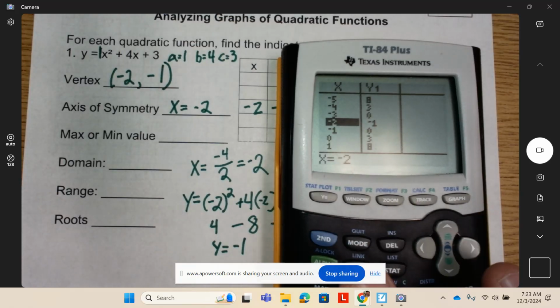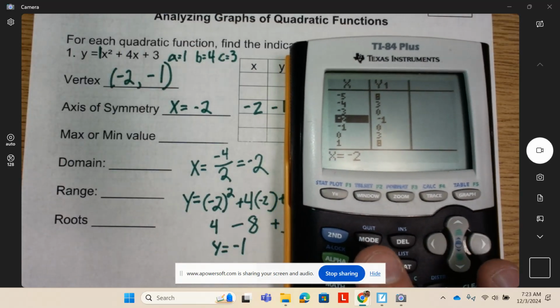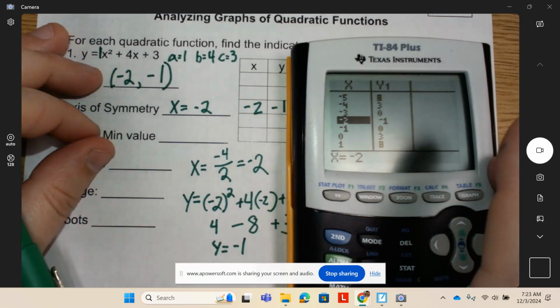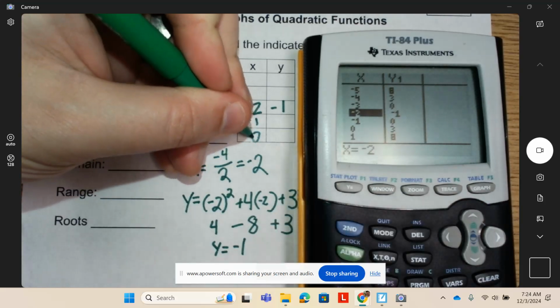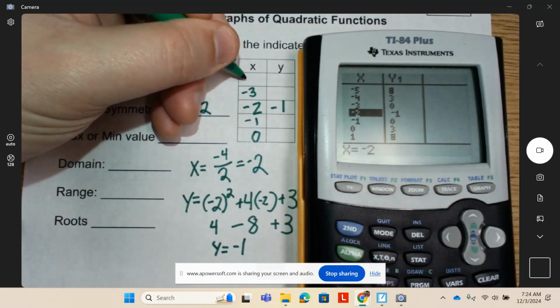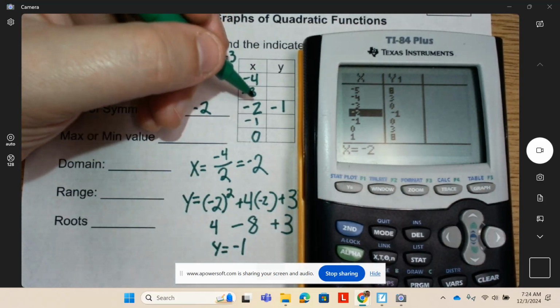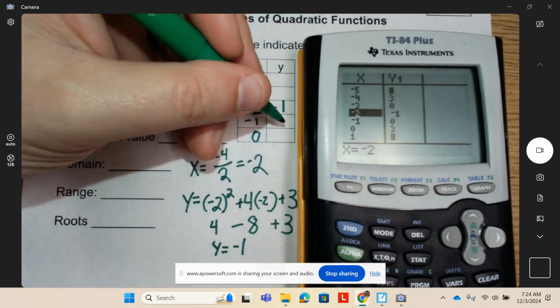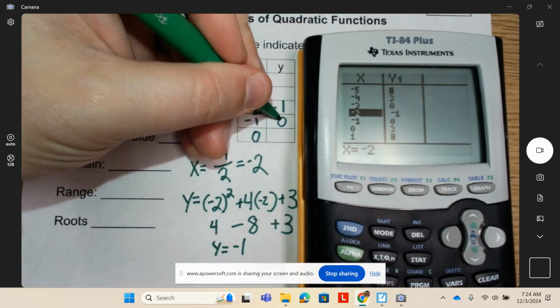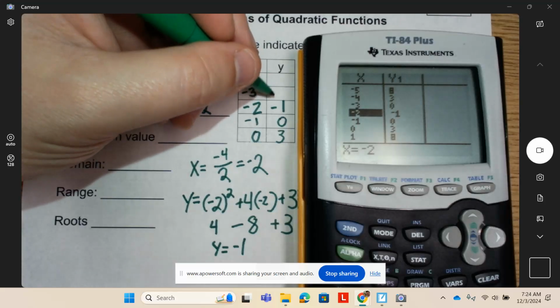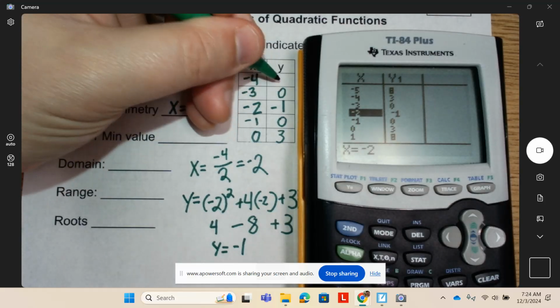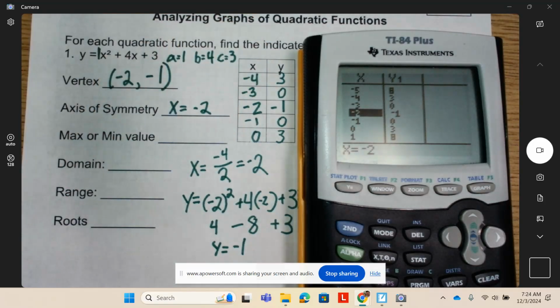Negative 2, negative 1 is there. That's my vertex, and that's my lowest point. So let's fill in some values here. When it's at negative 1, it would be 0. And when it's at 0, it would be 3. And same thing going up, put a 0 and a 3 there.